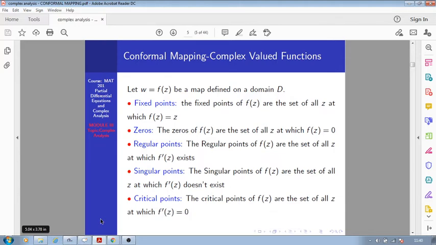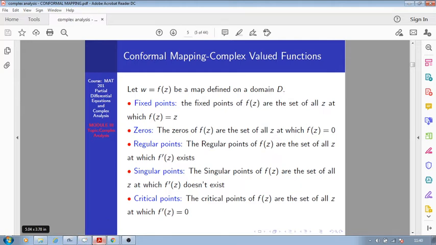If nothing is asked specifically, you just discuss the image of lines parallel to the axis and a region bounded by two such lines, and the image of radial lines, that is r equal to constant and theta equal to constant, x equal to constant, y equal to constant. Discuss these things if nothing specific is asked. If something is asked specifically about a map, just discuss those points.